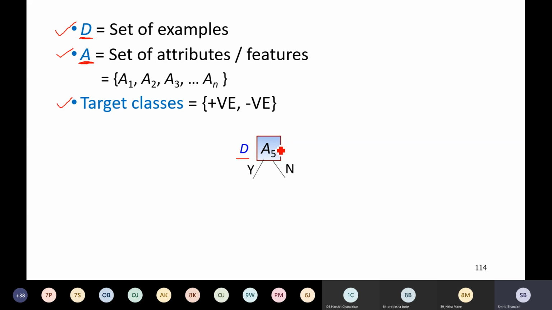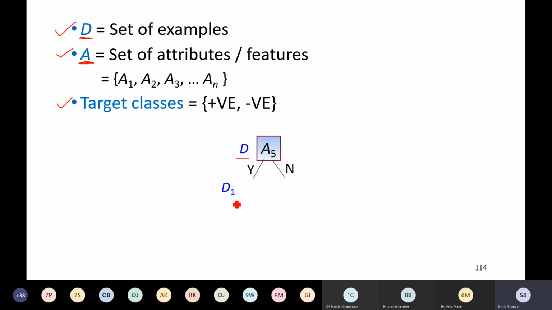If attribute A5 has value y, then from the original training data set D we get a subset of D; let us call it D1.